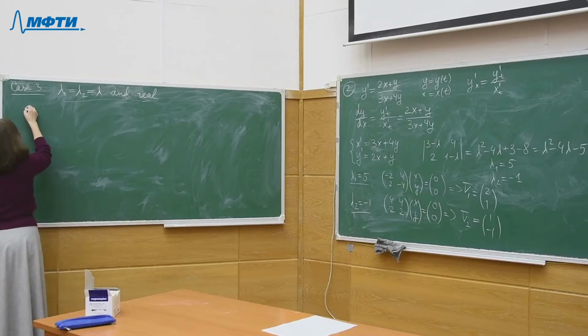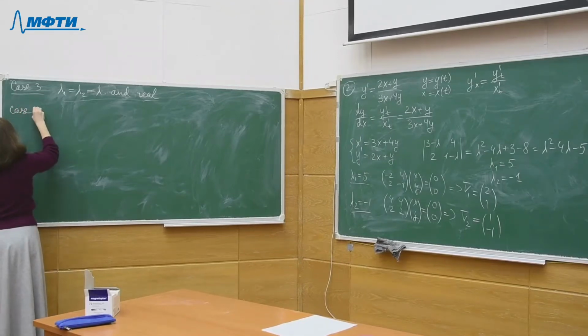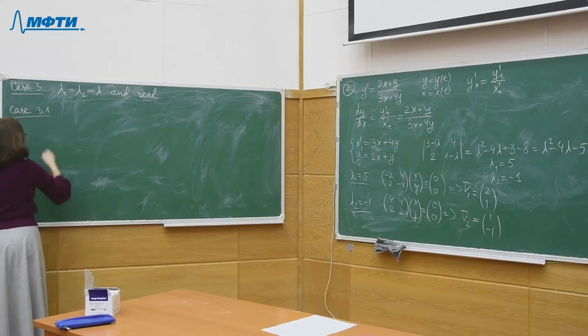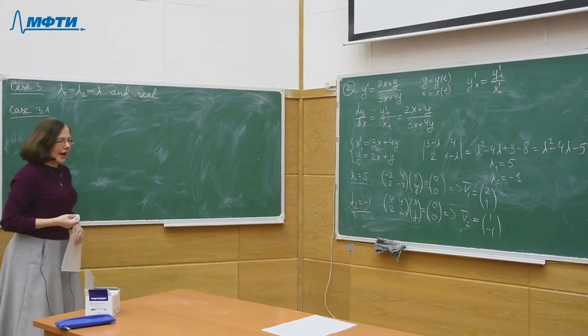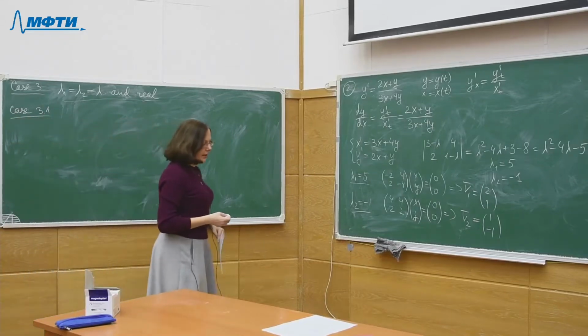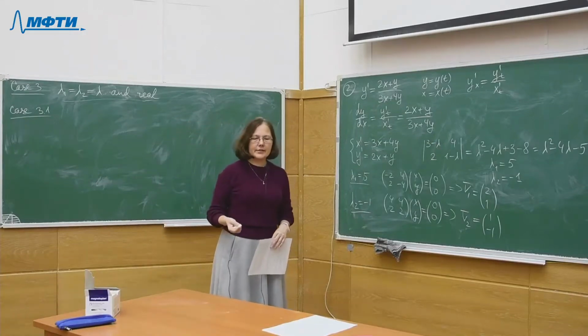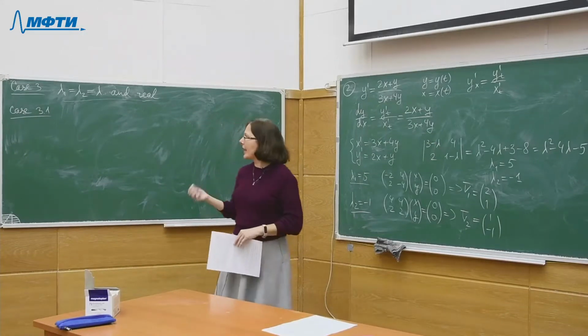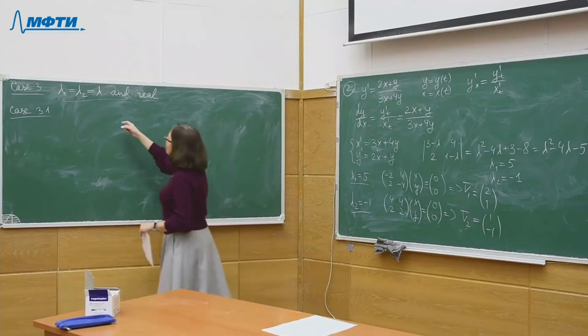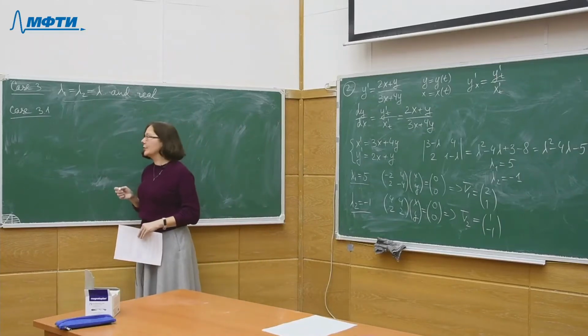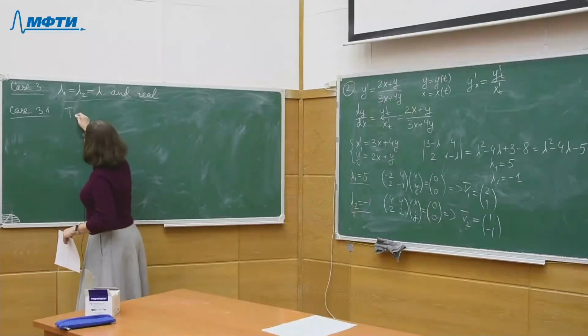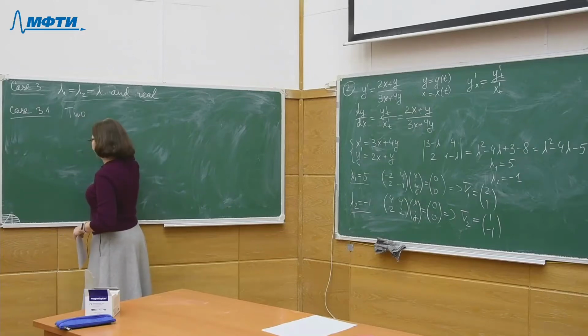In case 3.1, we have two linearly independent eigenvectors V1 and V2 associated with this repeated eigenvalue.